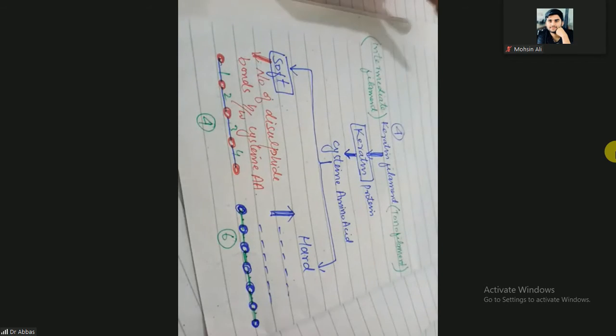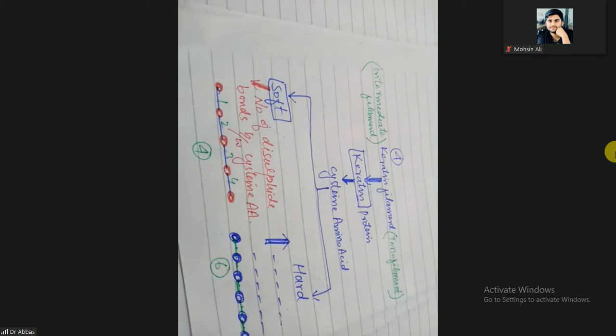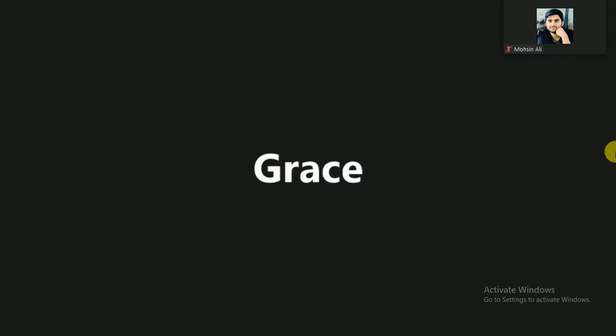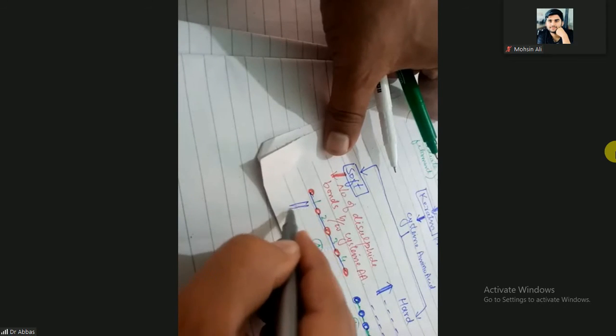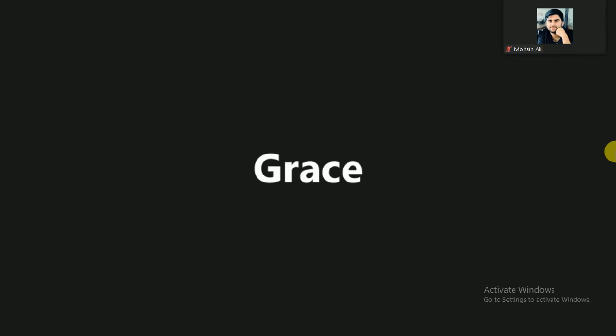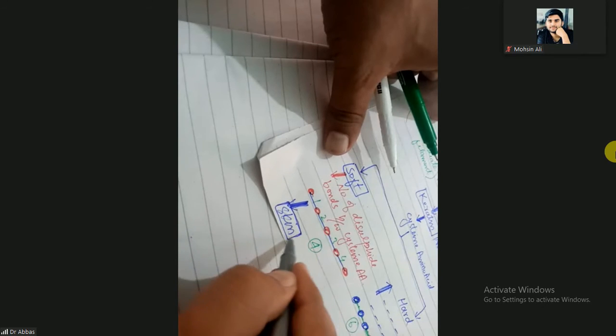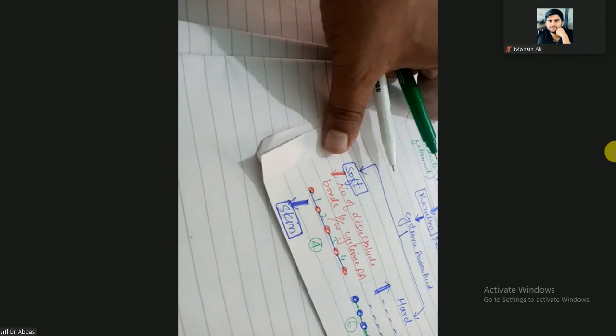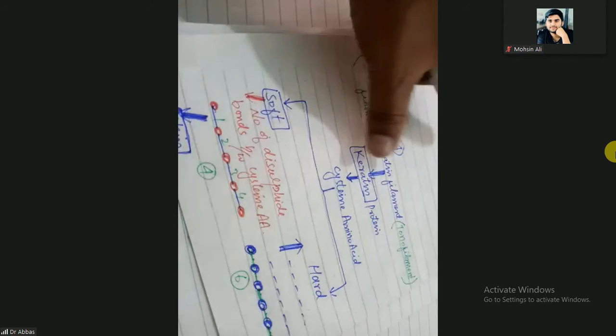When the number of disulfide bonds between cysteines is more, that will make hard keratin. When it is less, that will make soft keratin. Skin has soft keratin, and hard keratin is present in nail.